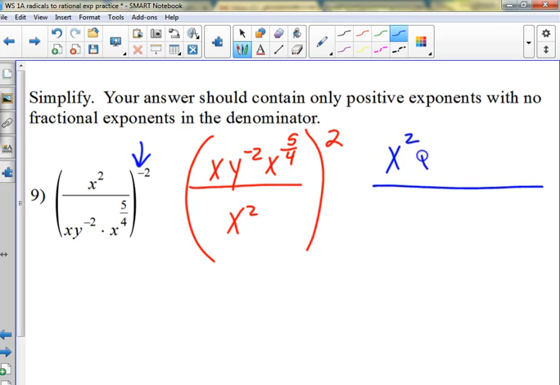X squared. Y to the -4. I'm multiplying all the exponents by 2, right? X to the, what's 5/4 times 2? 10/4, which reduces to 5/2. Everybody okay? And in the denominator? Okay.